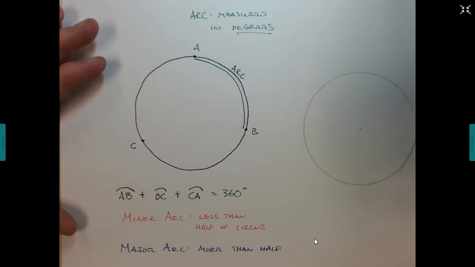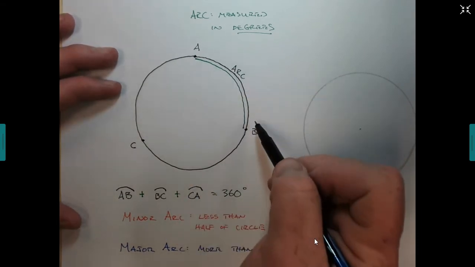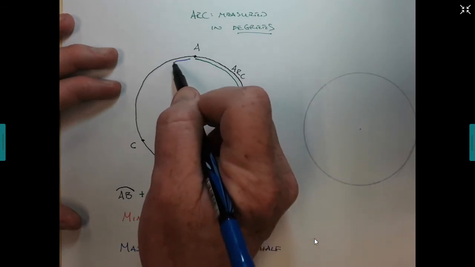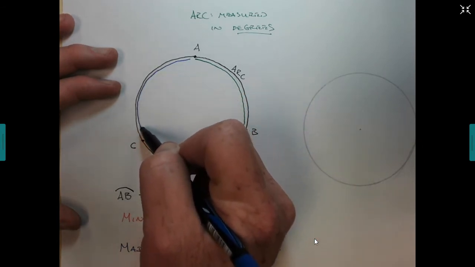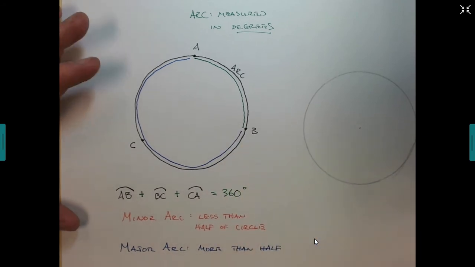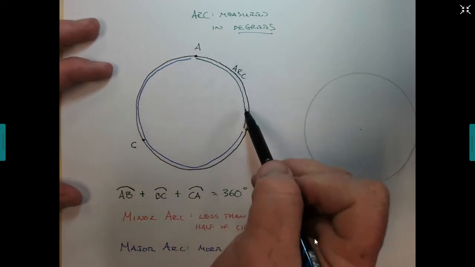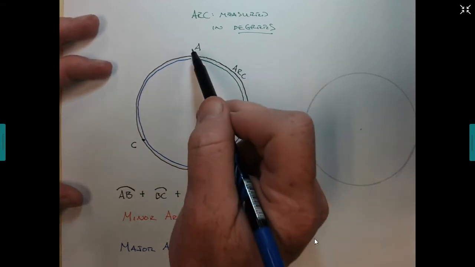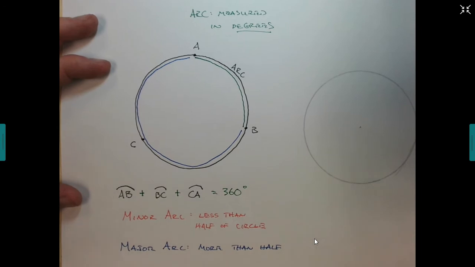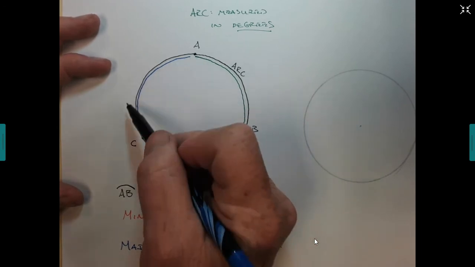Of a circle. So if we want to talk about a major arc, so arc AB, the rest of the circle, if we started at A, went all the way around here, but understand, we can't call that arc AB. If we say arc AB, everybody's going to think we're talking about this small one. So if you want to talk about a major arc, an example would be arc ACB.